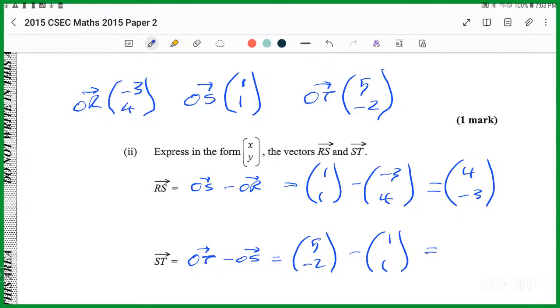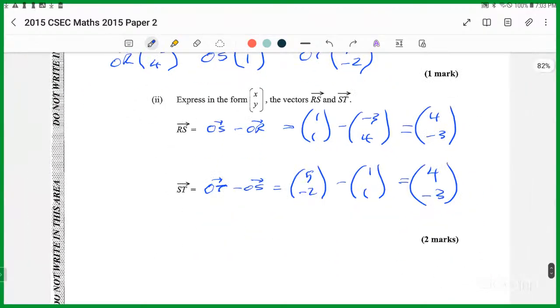It equals 5 minus 1, that's a 4, and -2 minus 1 is negative 3. See, they're equal vectors. So RS and ST are equal vectors right now. They are parallel and they have the same length, they're equal vectors.